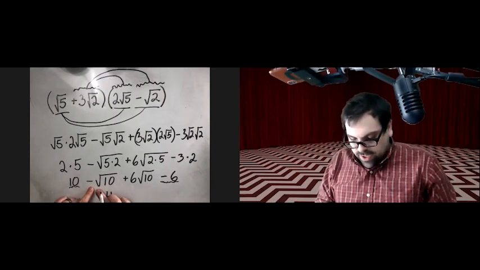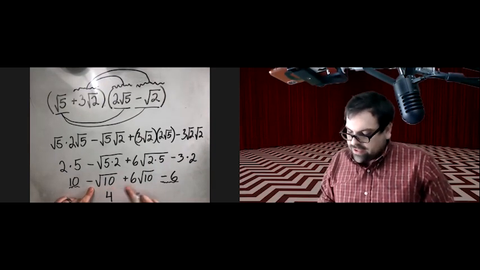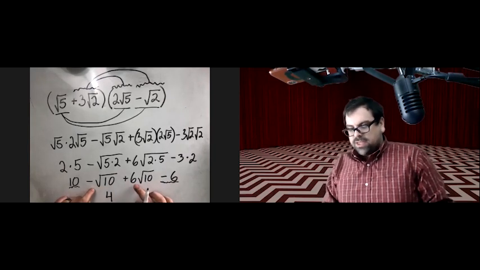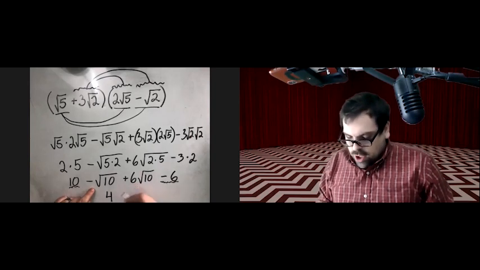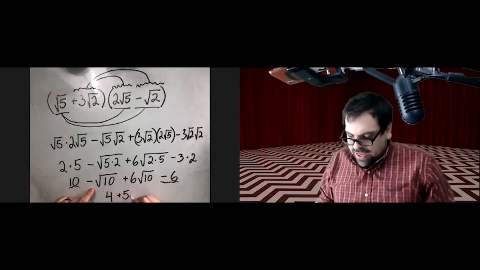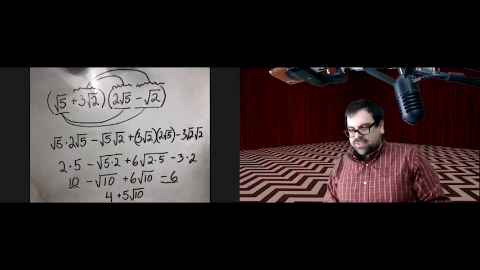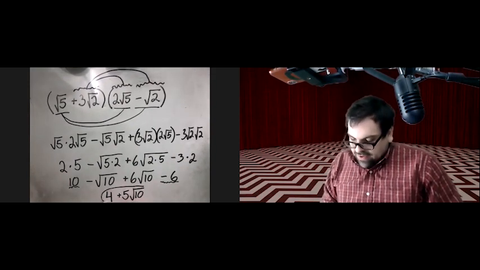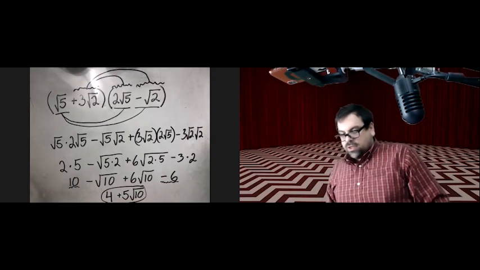And then negative 1 of these radical 10s plus 6 radical 10s would be negative 1 plus 6 of the radical 10s, which would be positive 5 of the radical 10s, plus 5 radical 10. So 4 plus 5 radical 10 is the answer.